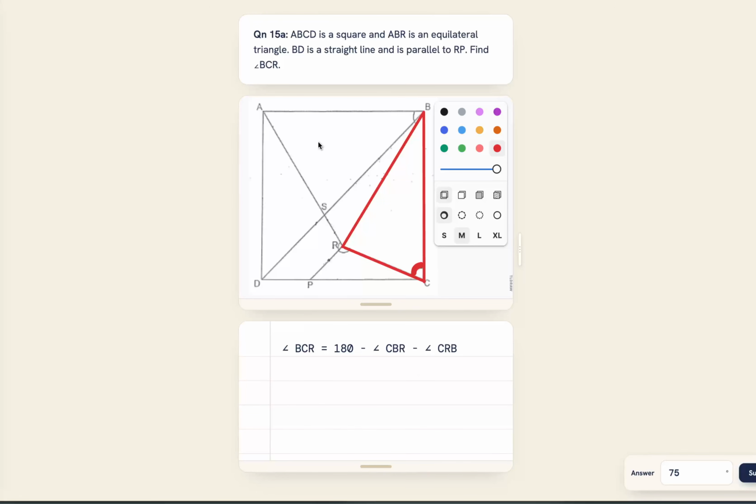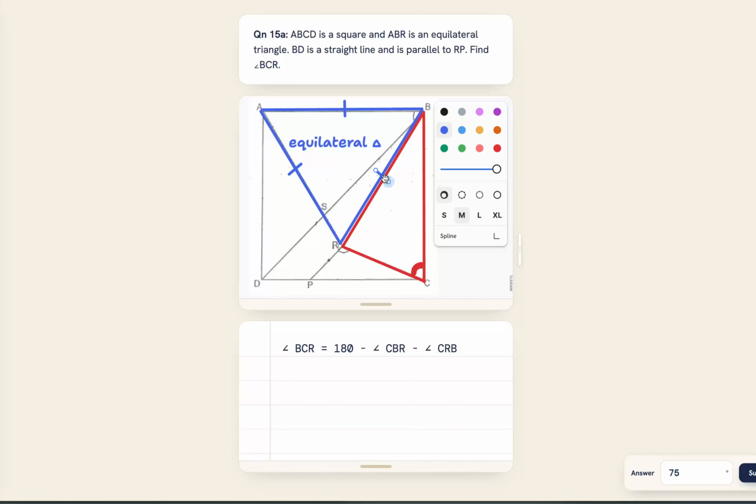Okay, so now we also know that ABR is an equilateral triangle. I'm going to draw another triangle like this, 1, 2, and 3, and we know this is an equilateral triangle. Since this is an equilateral triangle, this is the same side.